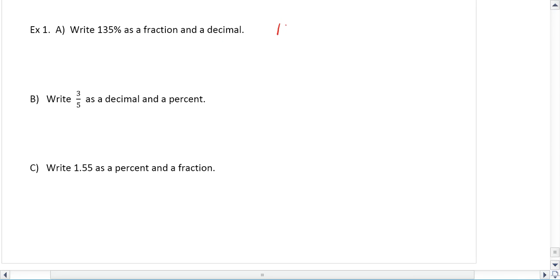So we put 135 over 100 and reduce it. And this reduces to 27 over 20. And we're also asked to write this as a decimal. Well, remember, you divide by 100 or move the decimal over twice, and that would become 1.35.